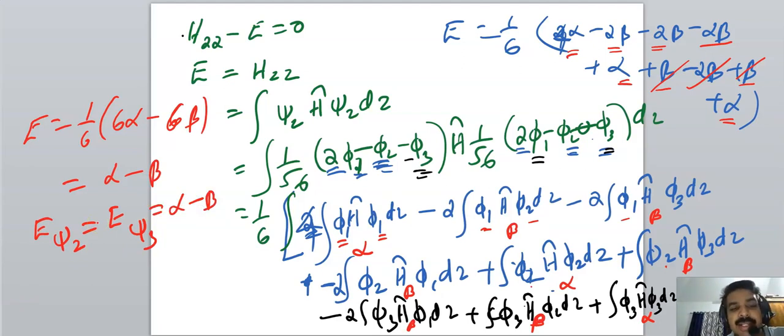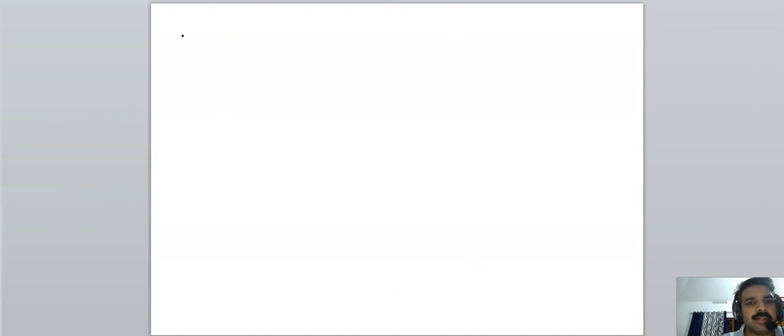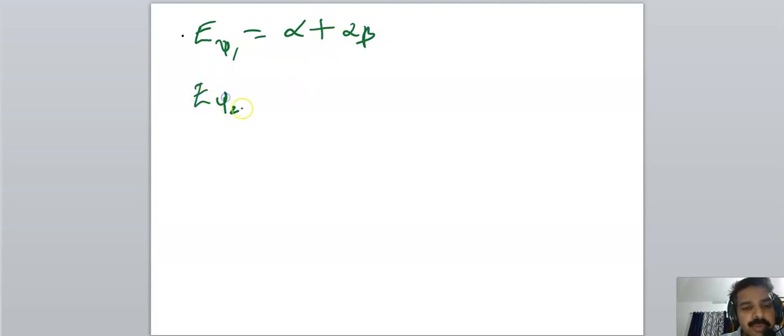Okay, so we get the energies of the SALCs, and that is we got energy of MO psi 1, energy of MO psi 1 is equal to alpha minus 2 beta. Okay, not alpha minus 2 beta, it is alpha plus 2 beta, and energy of psi 2 is equal to energy of psi 3, because they are degenerate, that is equal to alpha minus beta.